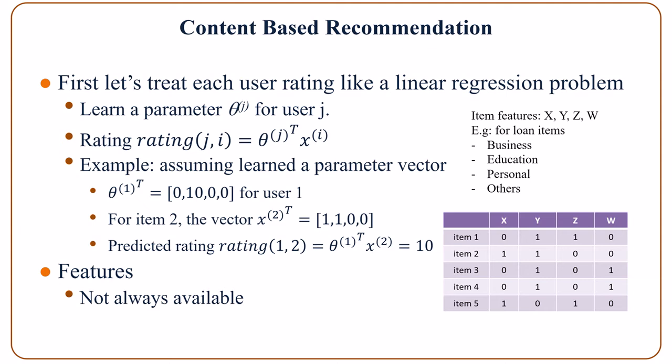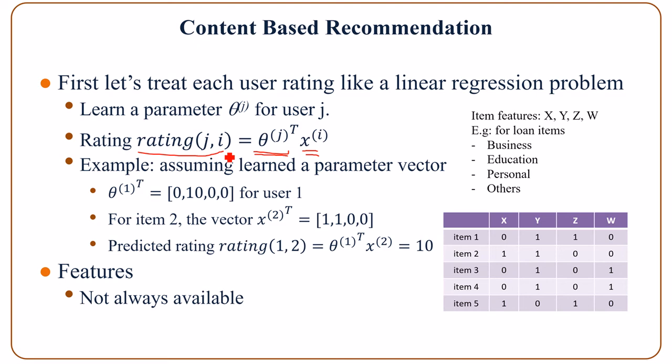First, let's treat each user rating like a linear regression problem. For user j, we need to learn a parameter vector theta j. And once we have the learned parameters theta j, given x i, which is the item i with all its features, then the predicted rating of user j to item i can be calculated as theta j transpose times x i.